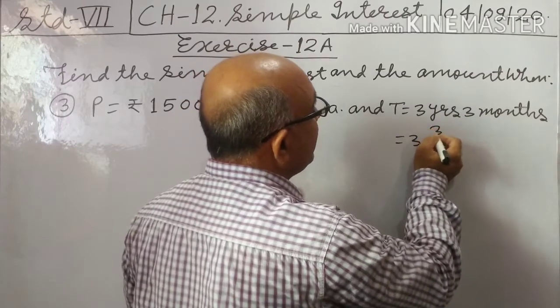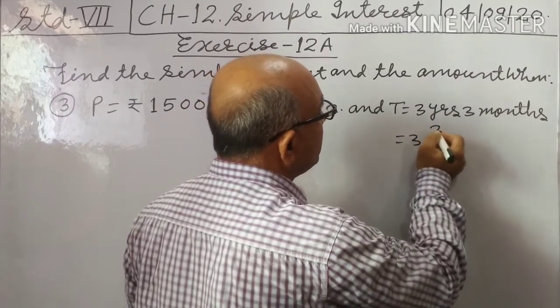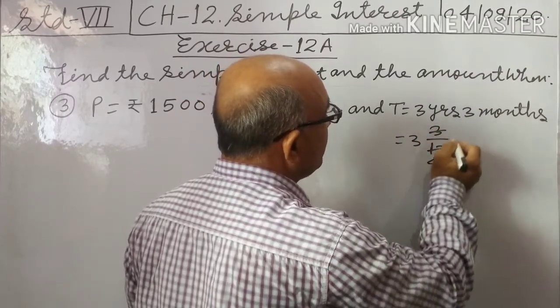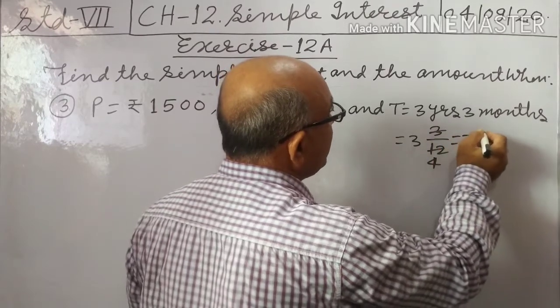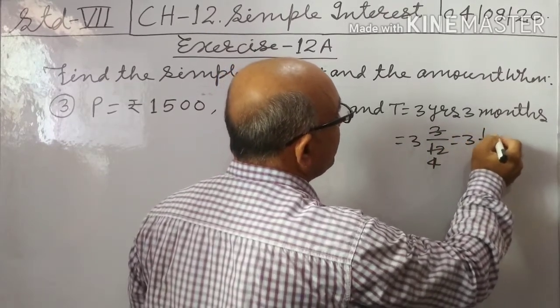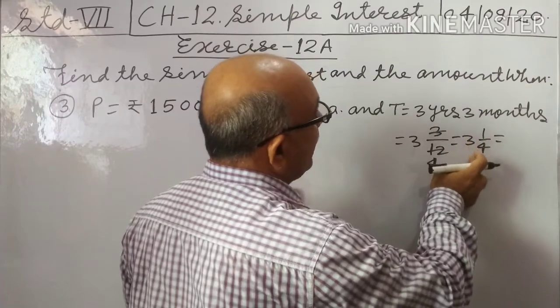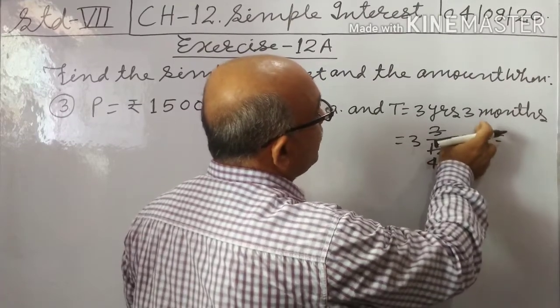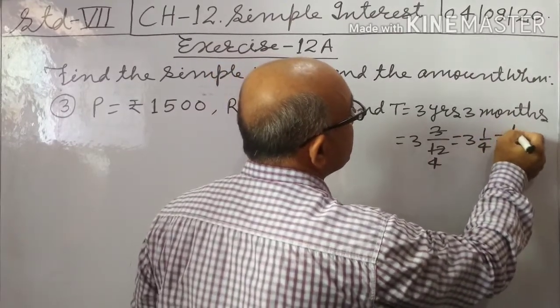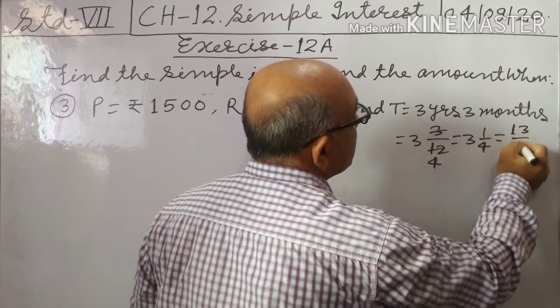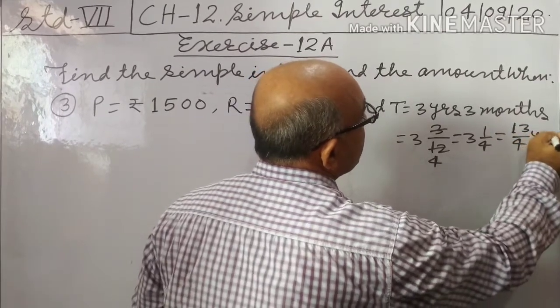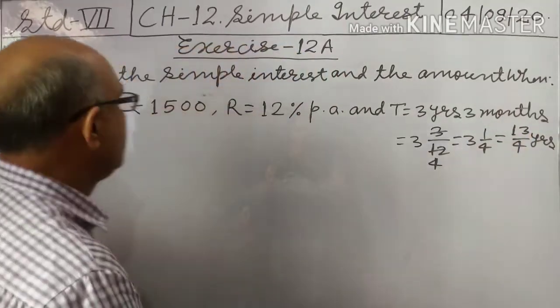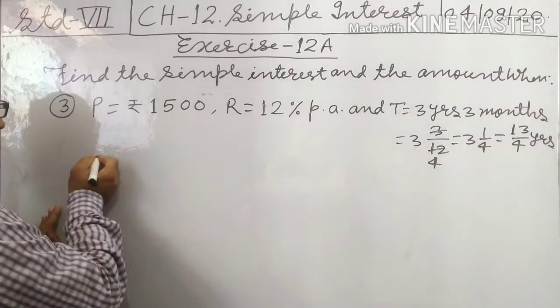So 3 divided by 12. 3 4 ja 12 equal to 3 whole 1 by 4. 3 4 ja 12 plus 1 is 13. 13 by 4 years.